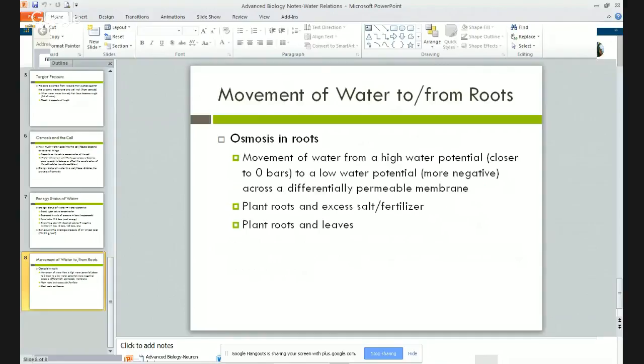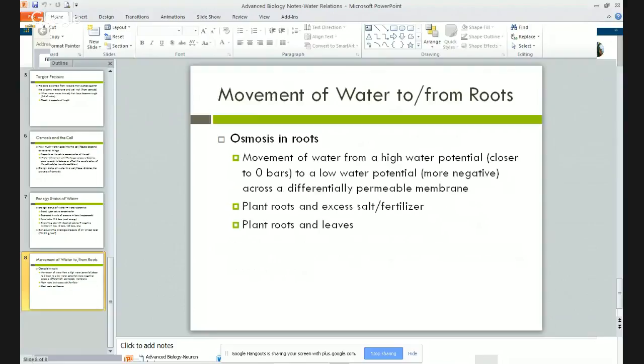So if you look at your diagrams, I've drawn a root there, and then I've drawn the water and the soil. In this first picture, the root has an energy potential of -5 bars, which means it's not quite close to pure water, but it's kind of close.